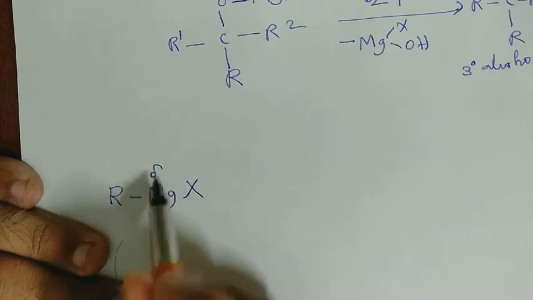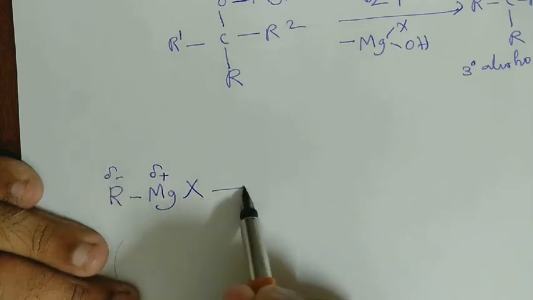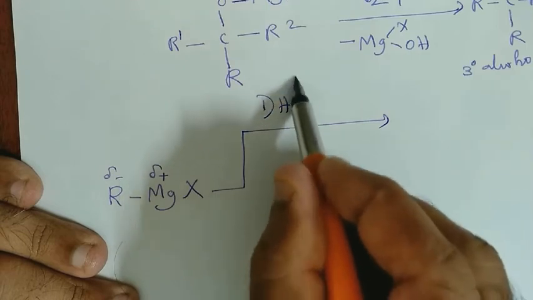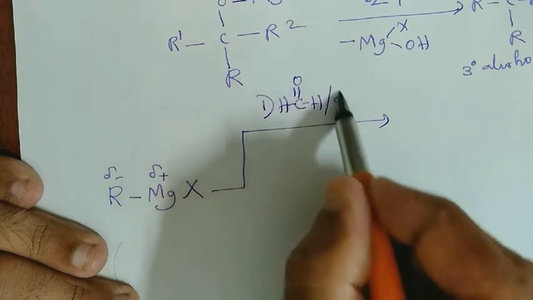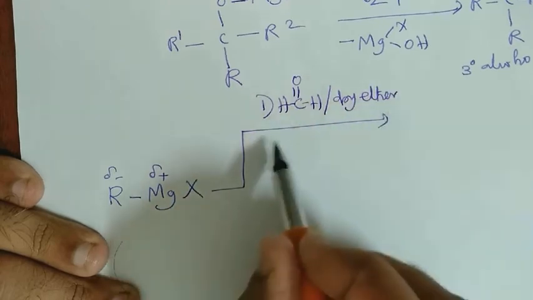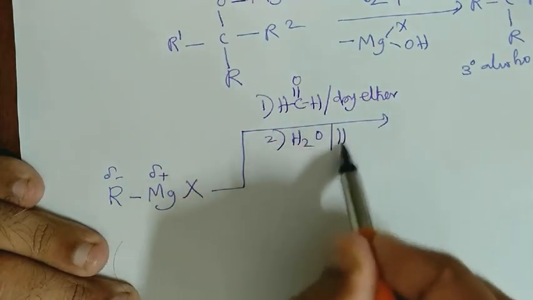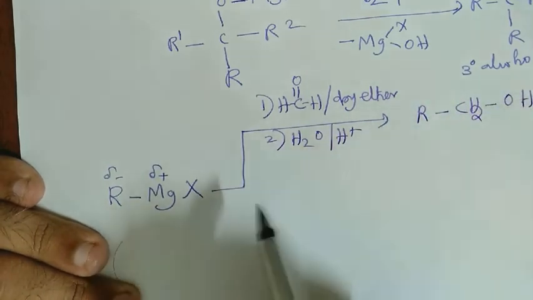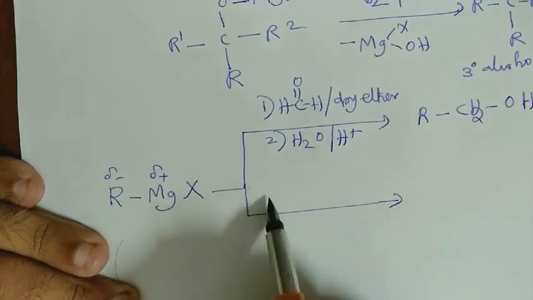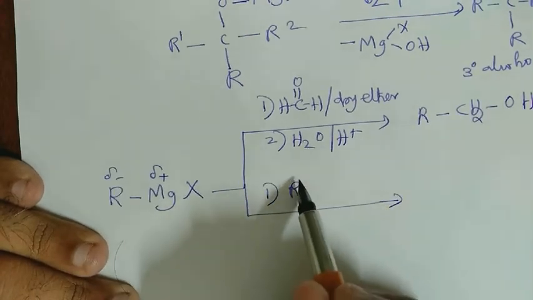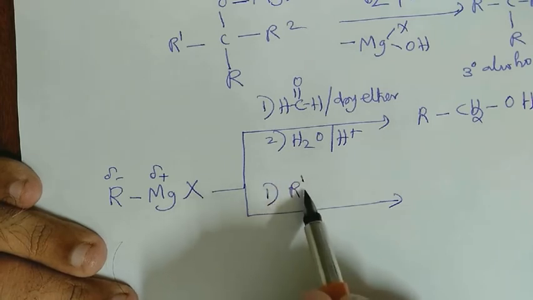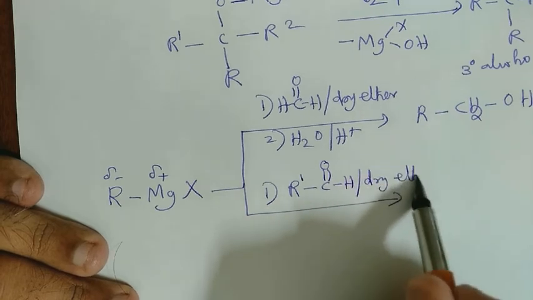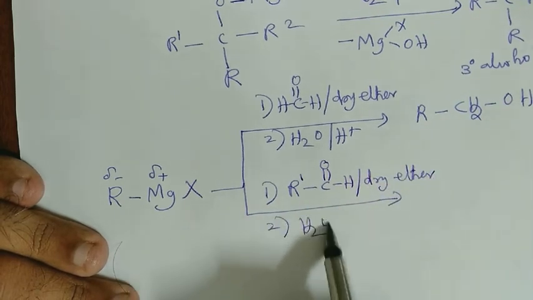RMgX, Grignard reagent, on treating with formaldehyde in dry ether, followed by hydrolysis in acid medium, gives a primary alcohol. Aldehydes other than formaldehyde give a secondary alcohol.